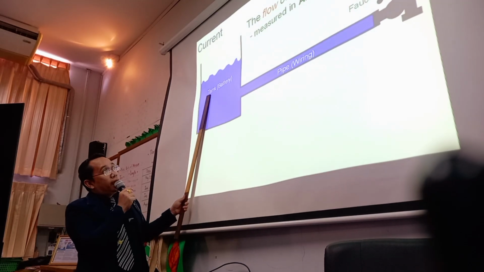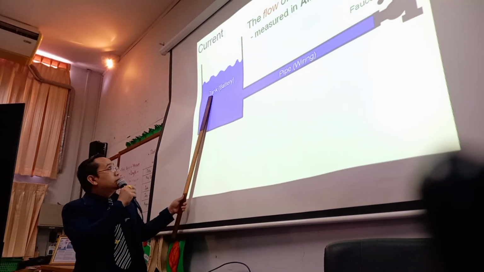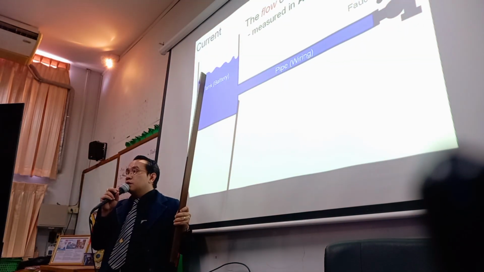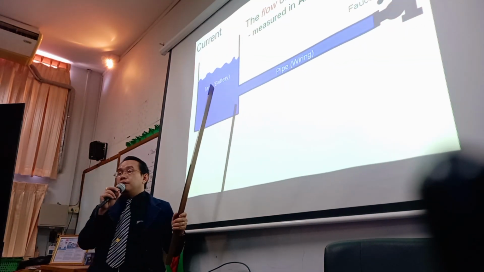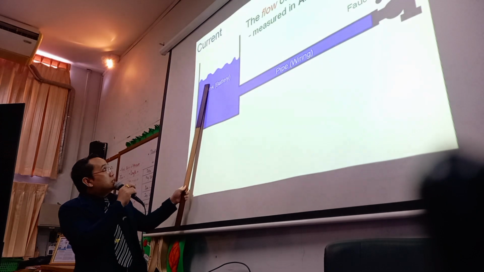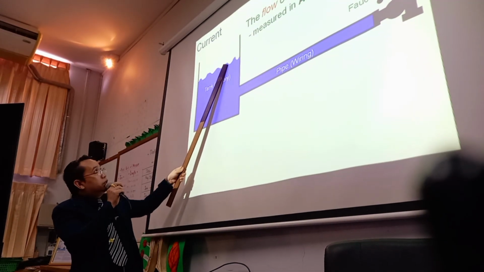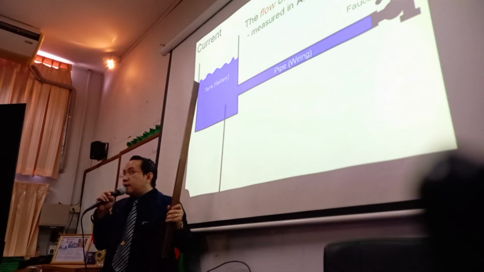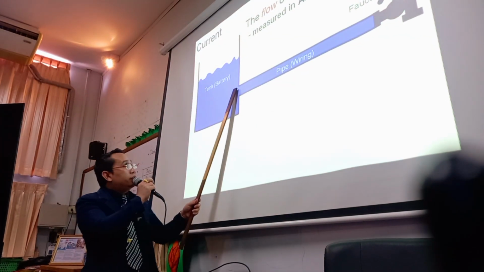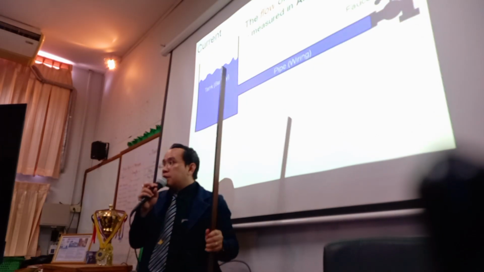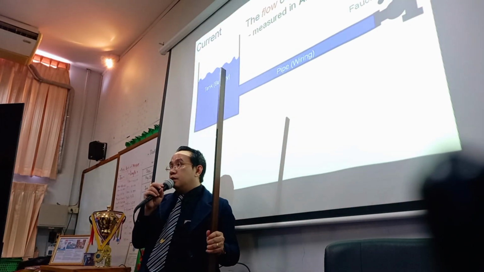So this is your tank, serving as a battery. The battery relates to the amount of water inside the tank. And a pipe represents a wiring component. Right?